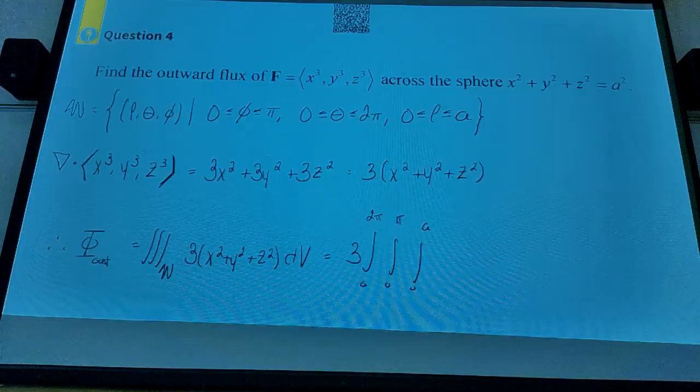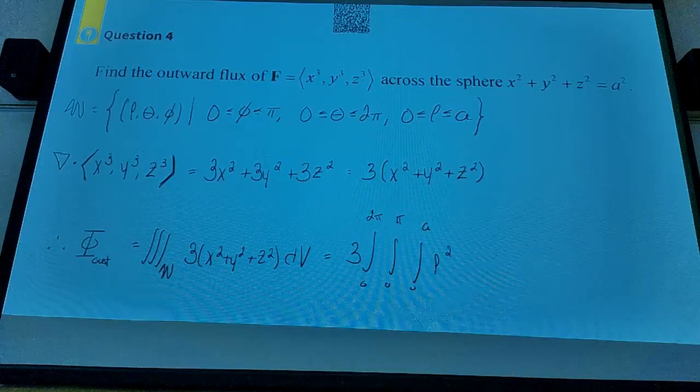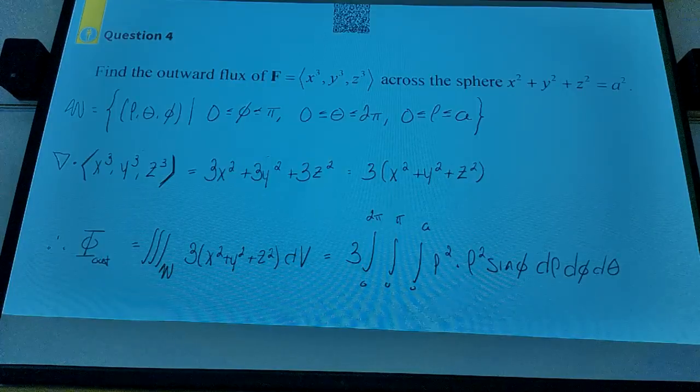In spherical coordinates, x squared plus y squared plus z squared is just rho squared, isn't it? And then dV is rho squared sine phi d rho d phi d theta.